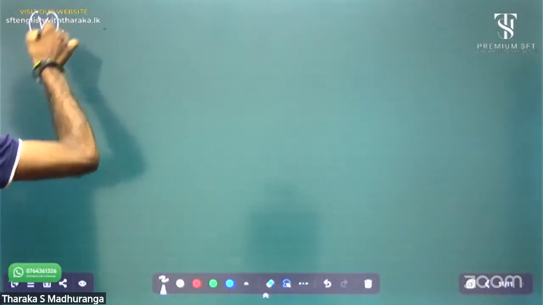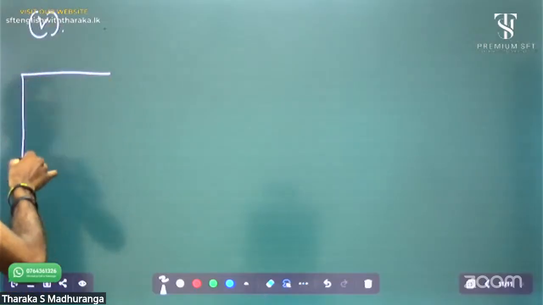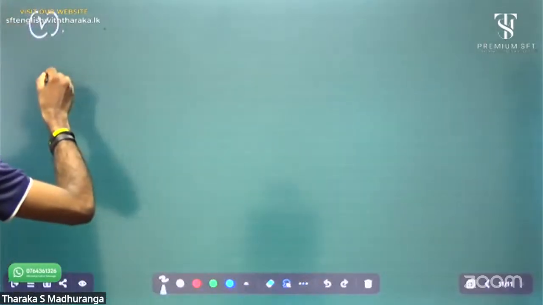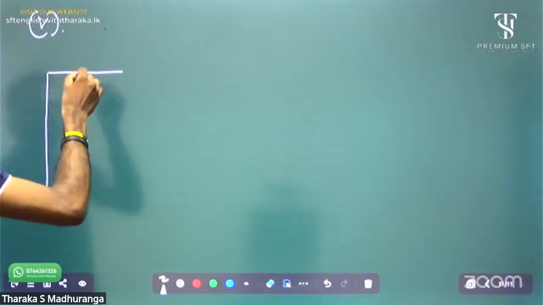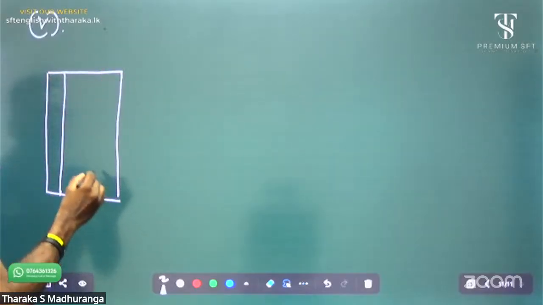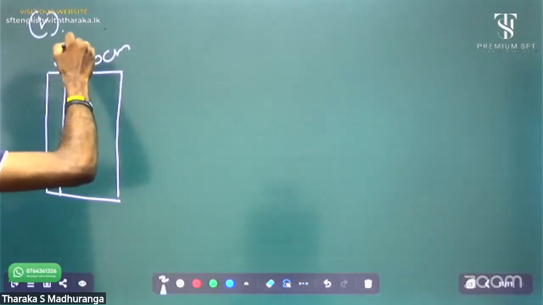Okay, now this is a wall. This is a wooden layer. This is a wall, it's 20 centimeter. Wooden layer 1 centimeter.